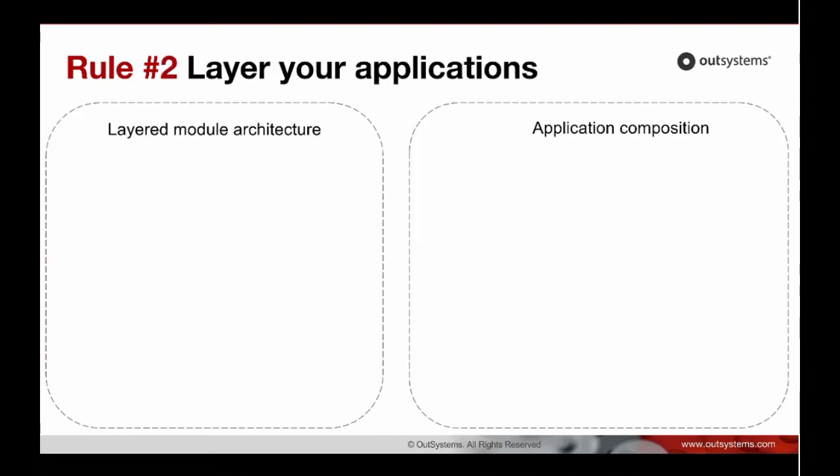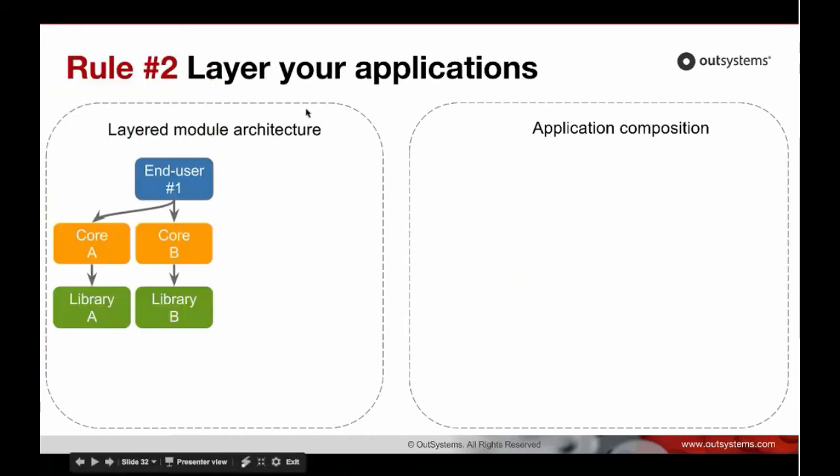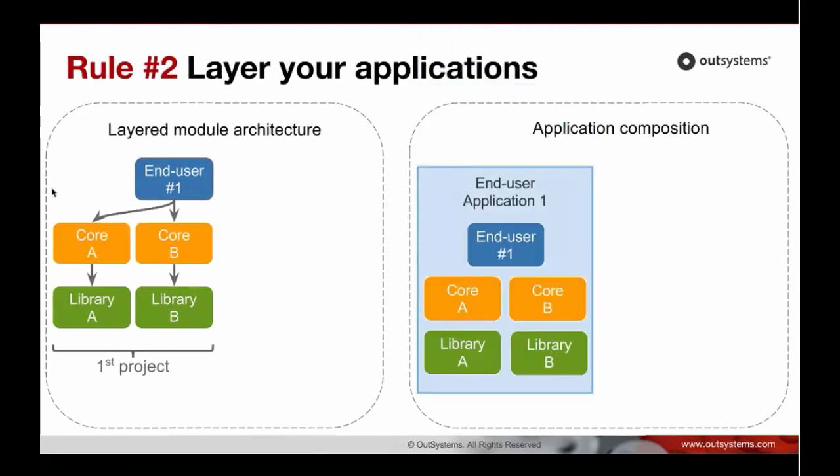Now, the second rule is that you also need to layer your applications. So what happens is that normally when you start a project, you will end up with a set of modules. This is your first project, and you followed all the rules, so you have correctly layered modules. But of course, you need to deploy these, and as you build these modules, you will probably create one application just to contain everything.